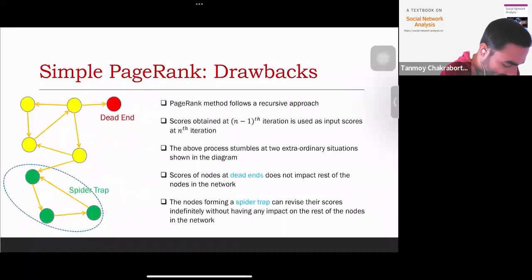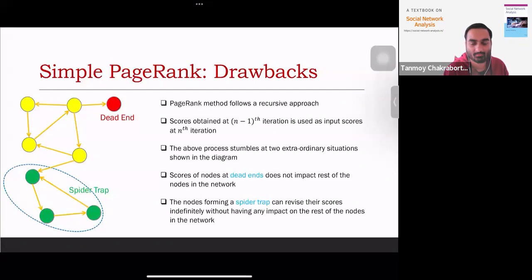Now this web surfing behavior can be easily modeled using something called random walk. Now, what is random walk? Random walk is a very interesting concept in mathematics, which basically says that let's assume that there is a walker or a person who is drunk.